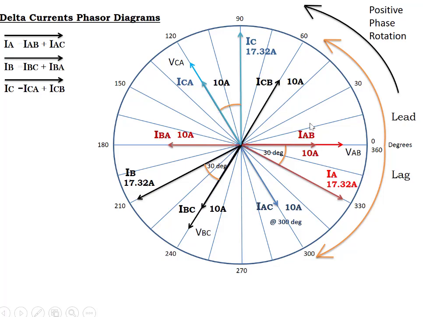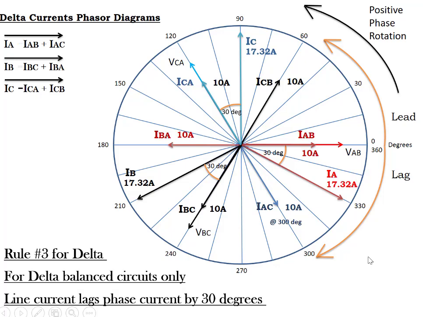In an unbalanced load, the calculation is a little bit different. We'll look at that next. And another thing to remember as well is that in balanced delta circuits, the line current will lag the phase current by 30 degrees. Our line current will always be 30 degrees behind our phase current.